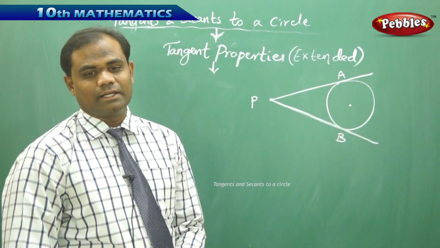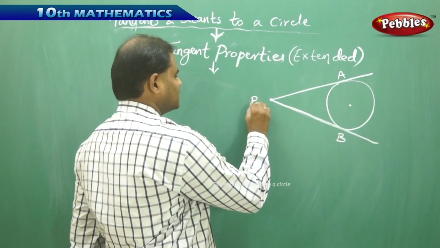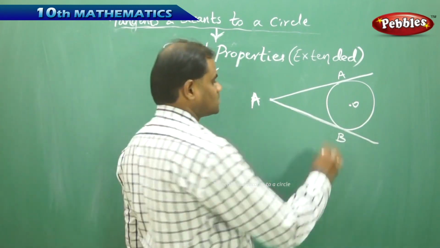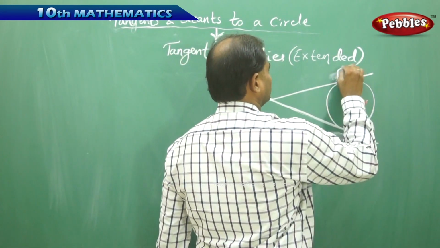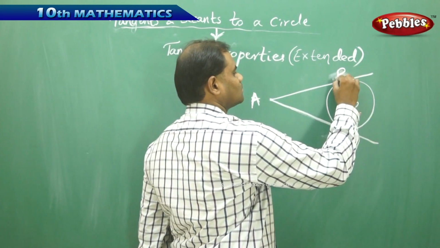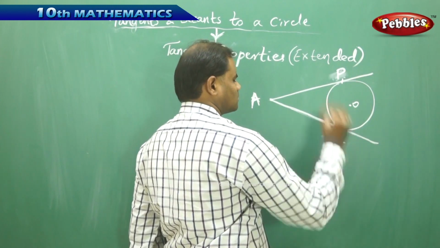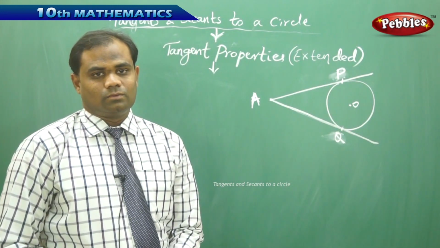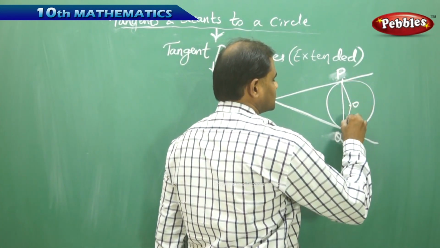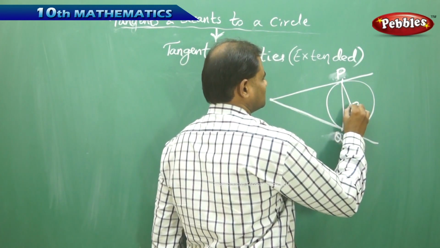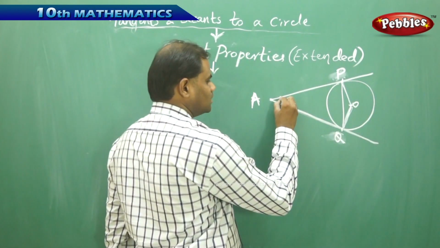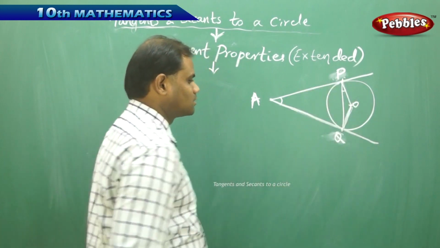Now here I need to prove that, let me take this external point as E and my center as A and the points of contact as P and Q. Now if I join P and Q and then join with this and this, then I have to prove that this angle is twice this angle, is what we need to prove.